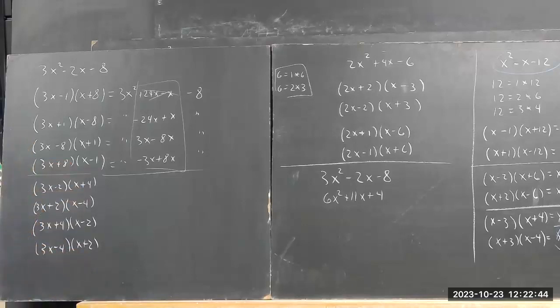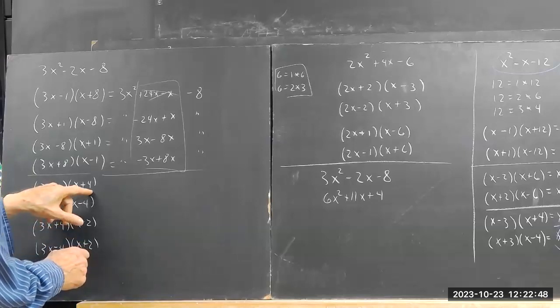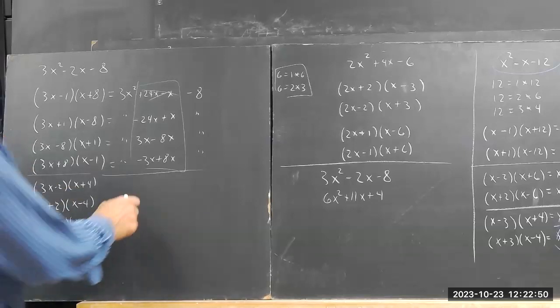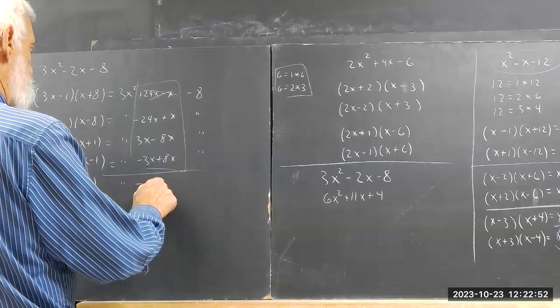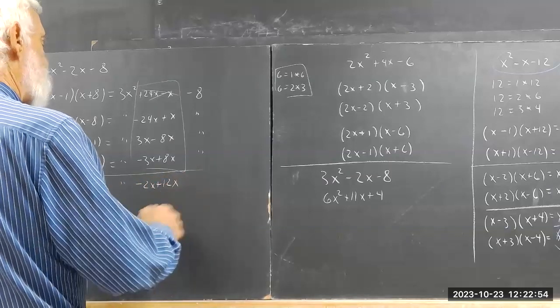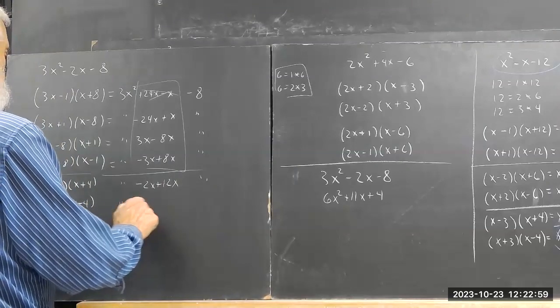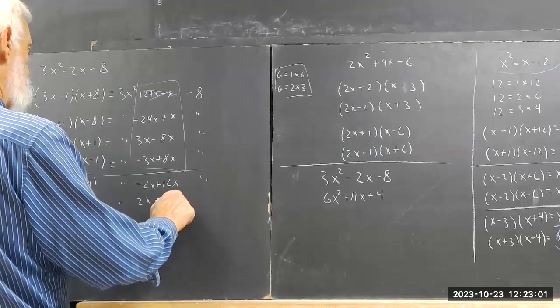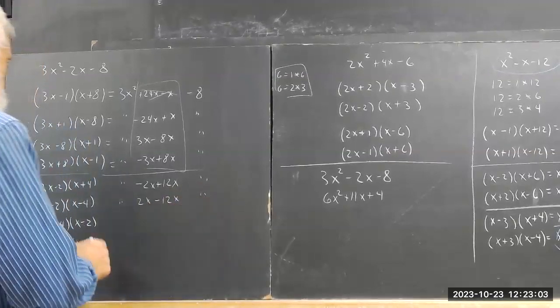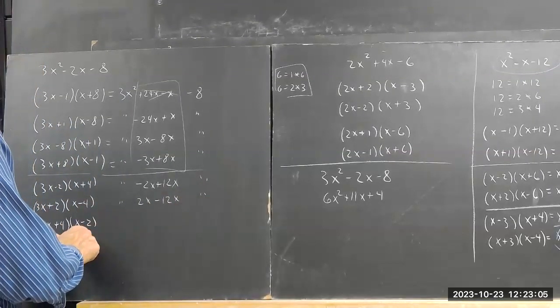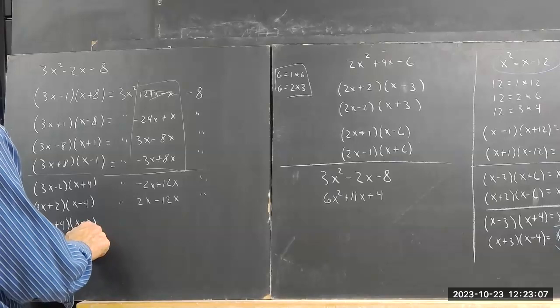Now we're out of time. We could check these out the same way. I'll write it down real quickly. We're going to have a negative 2x and a plus 12x. That's not going to work. Here we're going to have a 2x minus 12x. That's not going to work. Here we're going to have a 4x and a minus 6x.